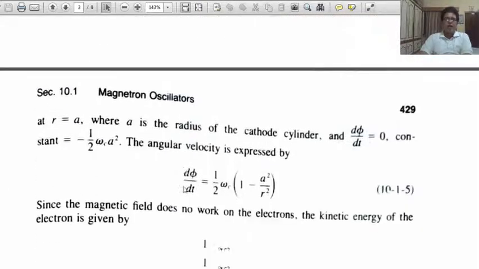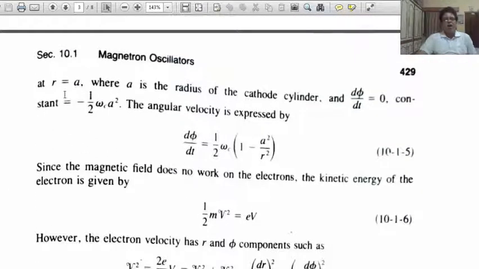Now applying the boundary condition r equal to a, where a is the radius of the cathode cylinder, and d phi upon dt equal to 0, then constant equal to minus 1 upon 2 omega c a square. The angular velocity is expressed by d phi upon dt equal to 1 upon 2 omega c (1 minus a square upon r square).